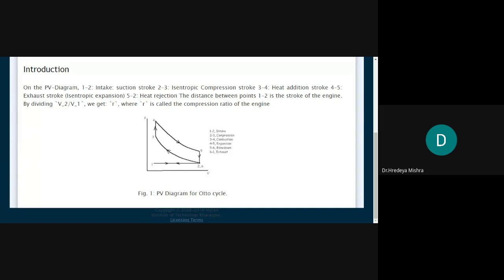This is the basic introduction on the PV diagram. 1 to 2 is the intake or suction stroke, 2 to 3 is isentropic compression, or simply the compression stroke, 3 to 4 is heat addition, 4 to 5 is isentropic expansion, and then 5 to 2 is heat rejection.